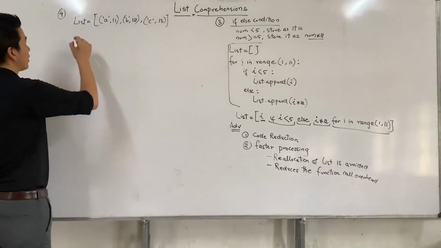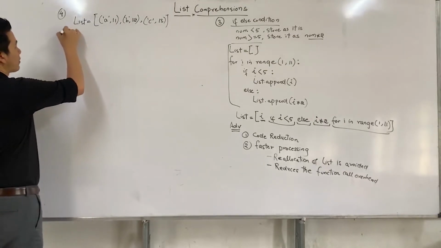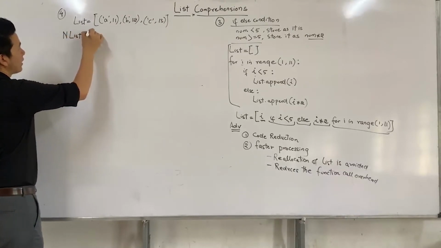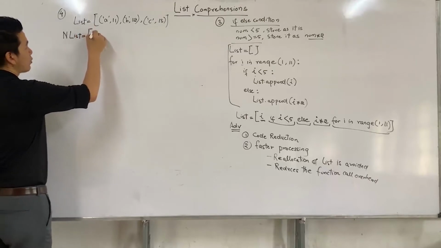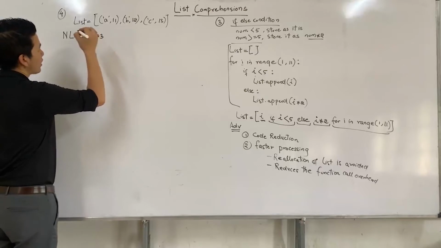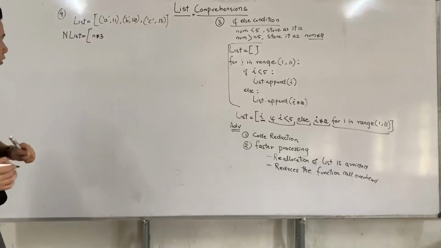So I'll come up with a list comprehension. Let's say I have a new list by the name of n list, in which I will have an expression like n multiplied by 3. This is supposed to be a question, alright?